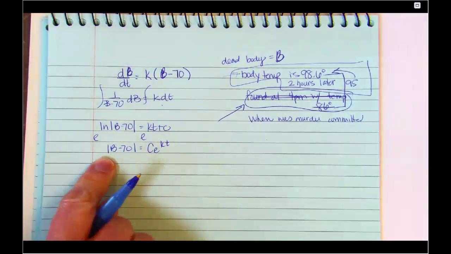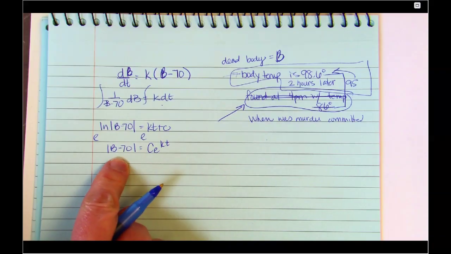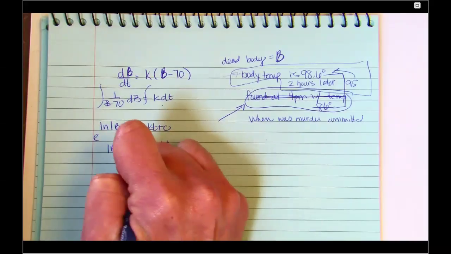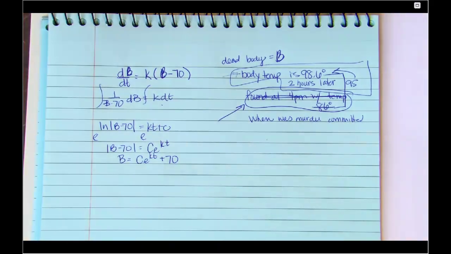This is where Garrett was asking, you can get rid of your absolute values here because the body temperature is not going to go below the temperature in the surrounding air, which is 70 degrees. So B equals C e to the KT plus 70. Now, this is what I was talking about in the last problem.